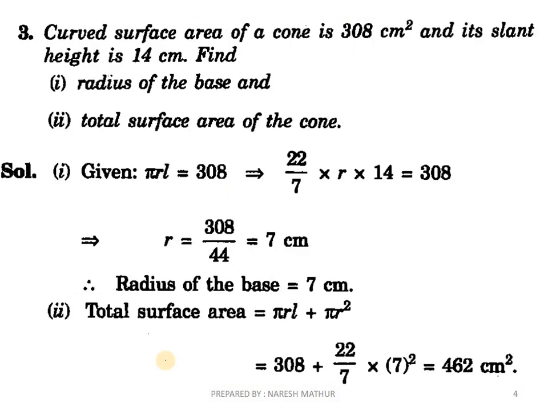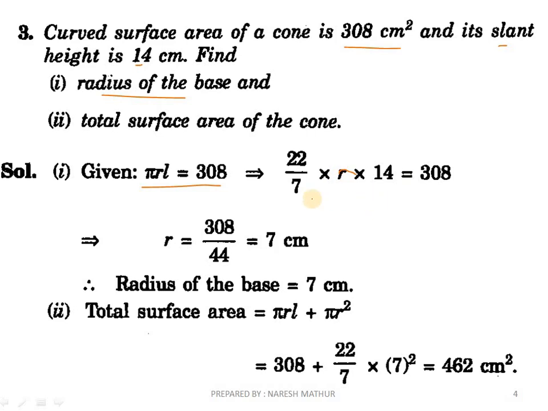Now the third question says the CSA of a cone is 308 centimeter square. Here we are given the CSA of the cone and only the slant height L, which is 14 centimeter. We need to find the radius. So we equate 308 to pi r l, put in the values, and by equating we can get the value of r.